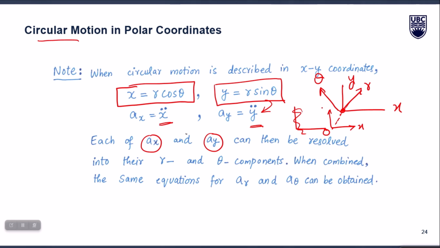So you can resolve each of these a sub x and a sub y into a sum of its r component and theta component. The total acceleration along the r axis will become a sub r, and the total acceleration along the theta axis will become a sub theta, and you will get the same two expressions which you have just seen in the earlier slides, right?